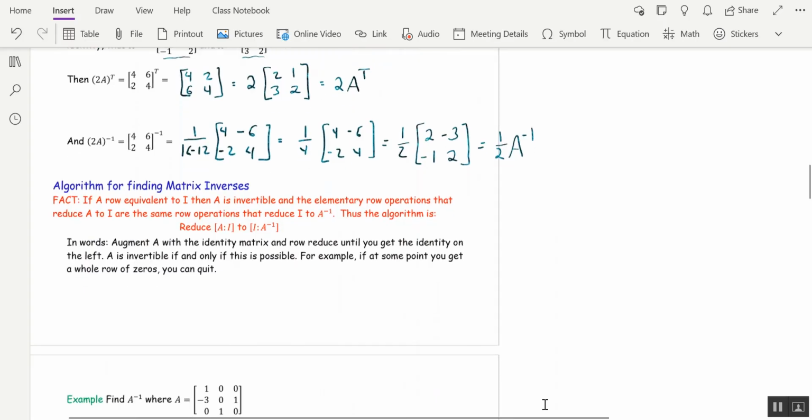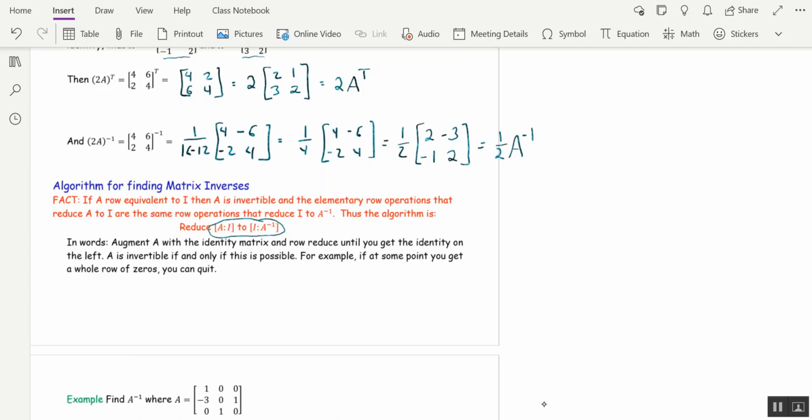Okay, so the algorithm for finding an inverse, if a square matrix is invertible, is right here. You augment A with the identity, and you try to reduce that to the identity on the left. If you can, then A inverse will be on the right. If at some point you get a row of zeros on the left, you can quit, because a row of zeros will never become the identity, and A is not invertible.